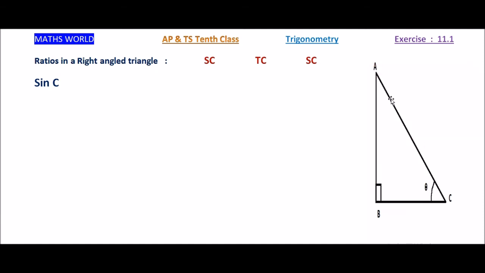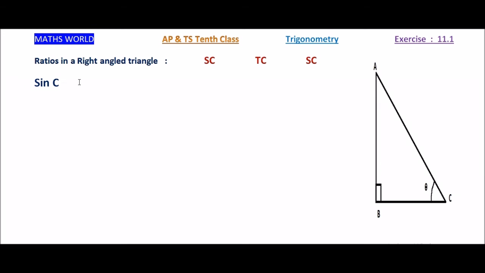So AC is the hypotenuse. The side opposite to theta is AB, the opposite side. The side adjacent to theta is BC. So AC is the hypotenuse, AB is the opposite side, BC is the adjacent side.